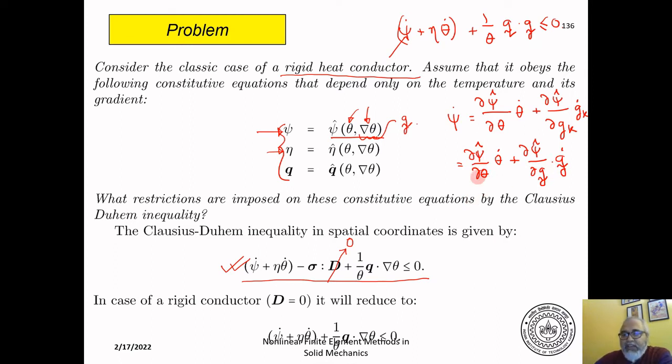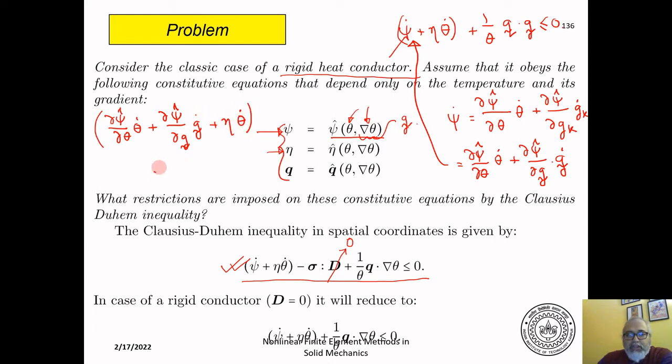Now take this and replace it here. So what we have now is del psi hat del theta theta dot plus del psi hat del g dot g dot plus eta theta dot plus 1 by theta q dot g has to be less than or equal to 0.